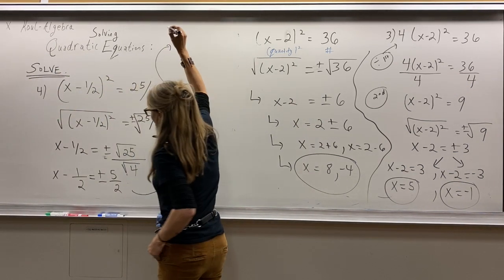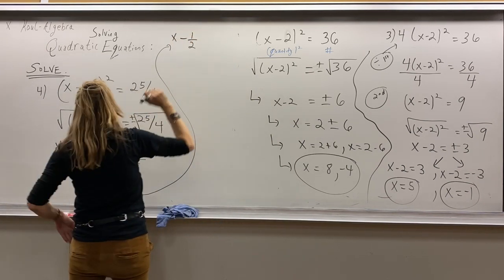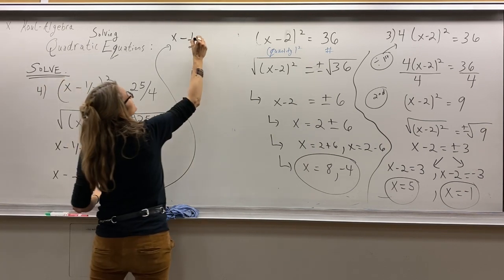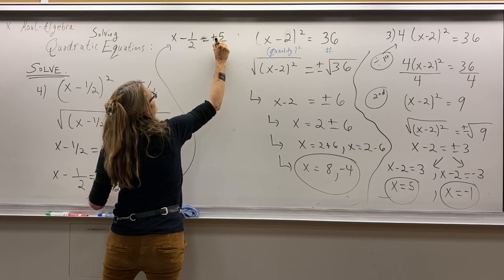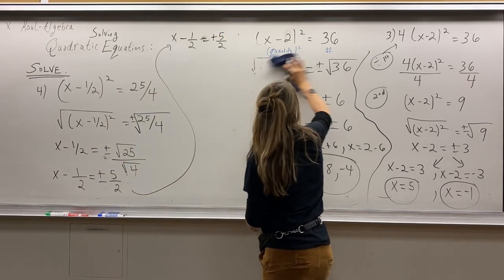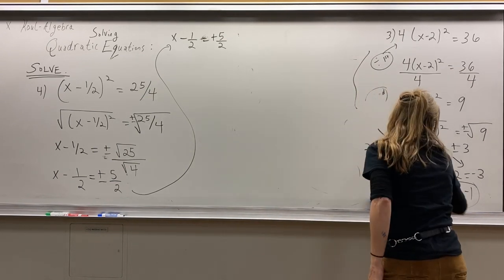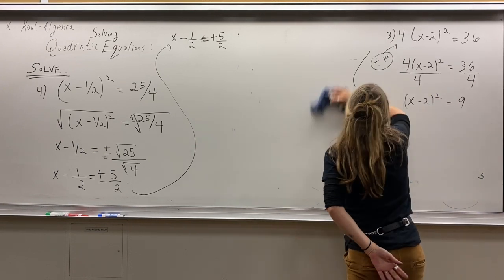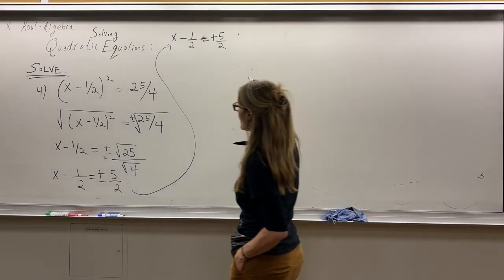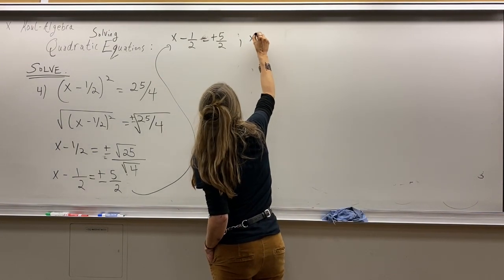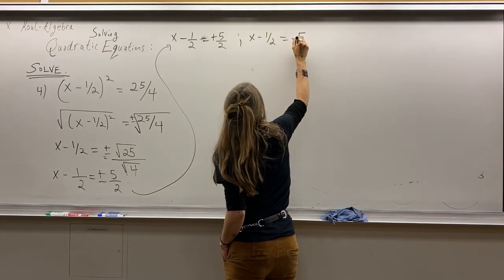And then I could further simplify my answer as x minus 1/2 equals positive 5/2. I'm going to make myself a little more room. x minus 1/2 equals positive 5/2, and x minus 1/2 equals negative 5/2.